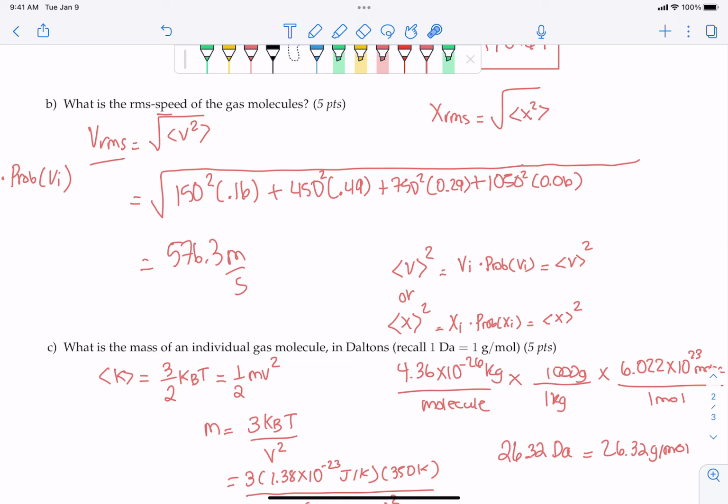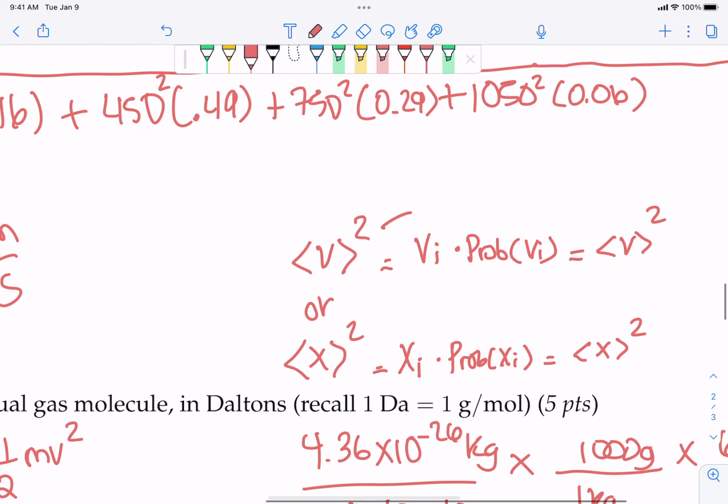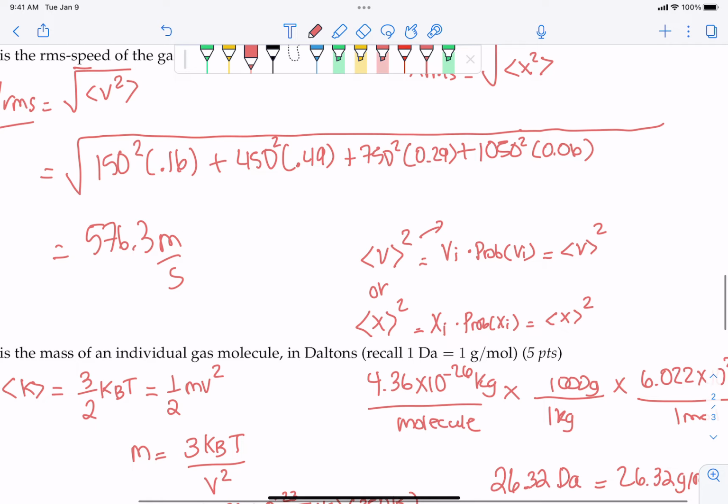So you can see here, for example, let me do that real quick. If I were to do this value over here, that would just be doing 150 times 0.16, right?